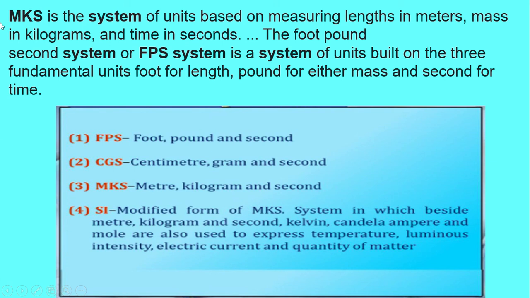Now I will discuss which system is advantageous. Among the two systems mentioned in the stem, the MKS system is more convenient. The International System of Units, or SI system, was introduced following the MKS system. A simple measuring system has been introduced all around the world using the SI system.